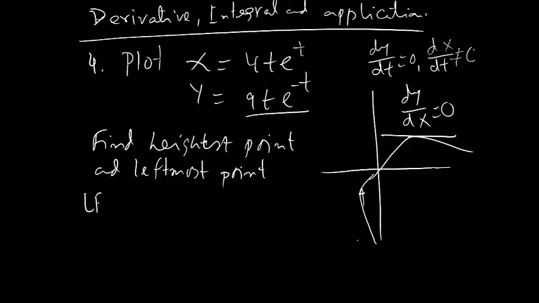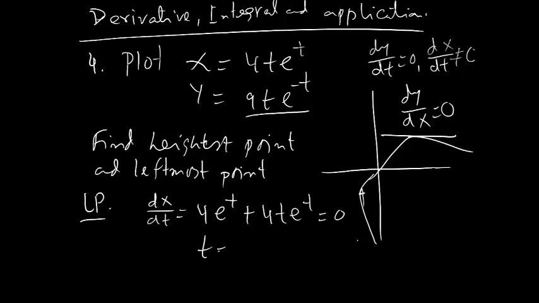Leftmost point. So for the leftmost point, dx/dt should be 0 now. So we need to find dx/dt. dx/dt will be 4e^t plus 4t e^t, right? And set equal to 0. You can take the e^t factor out.